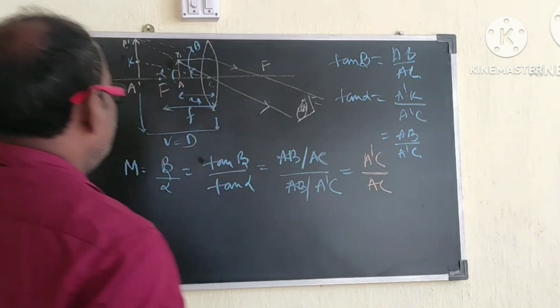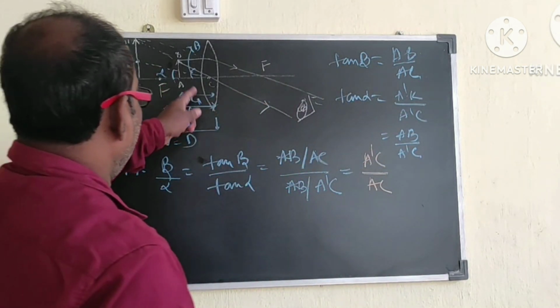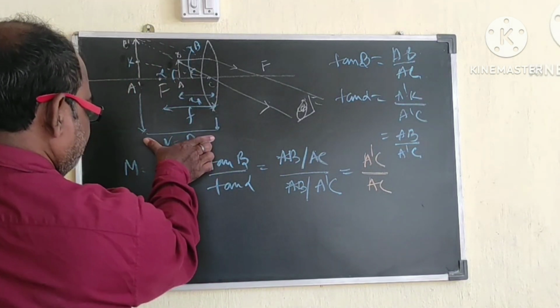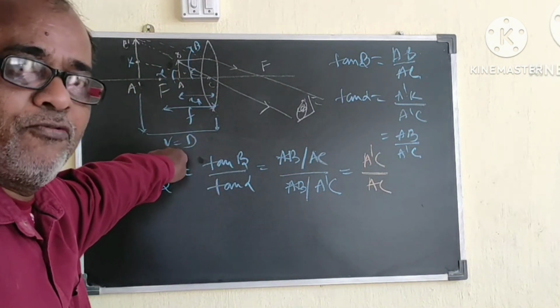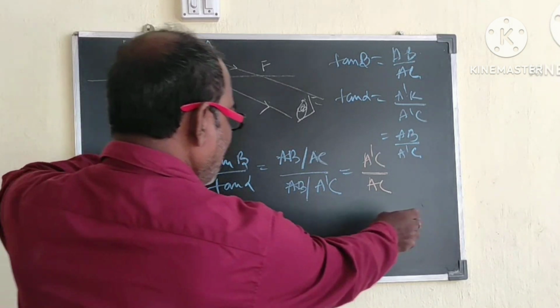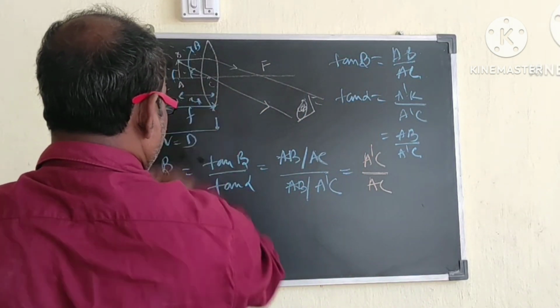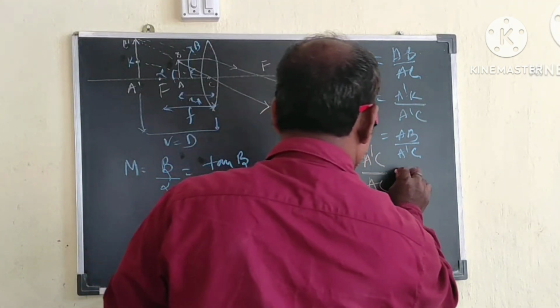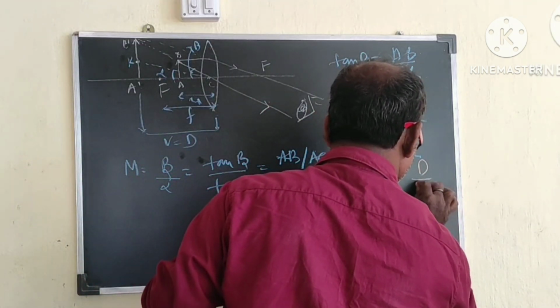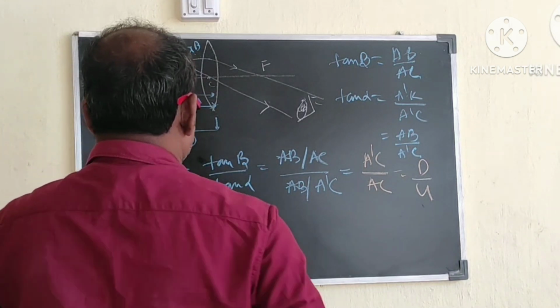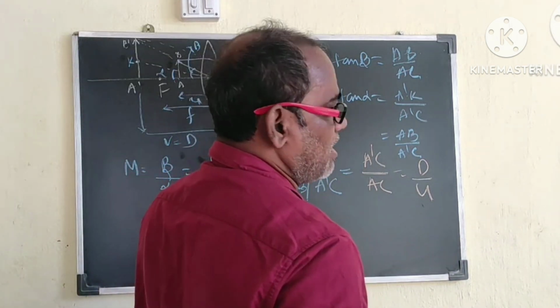Now we can see that A dash C is the least distance of distinct vision, and AC is the object distance. So we can write M is equal to D by U, which is the magnifying power of this glass.